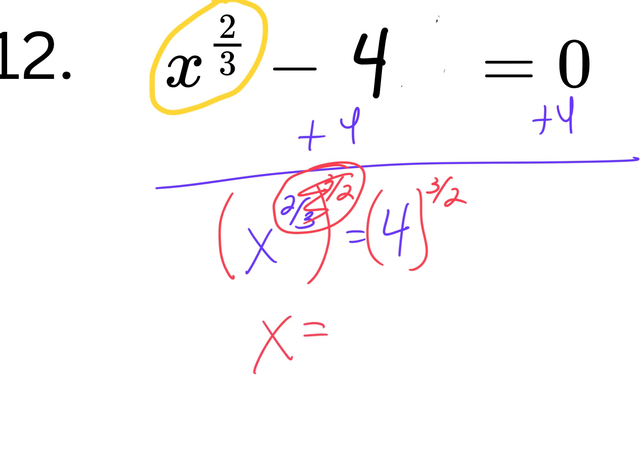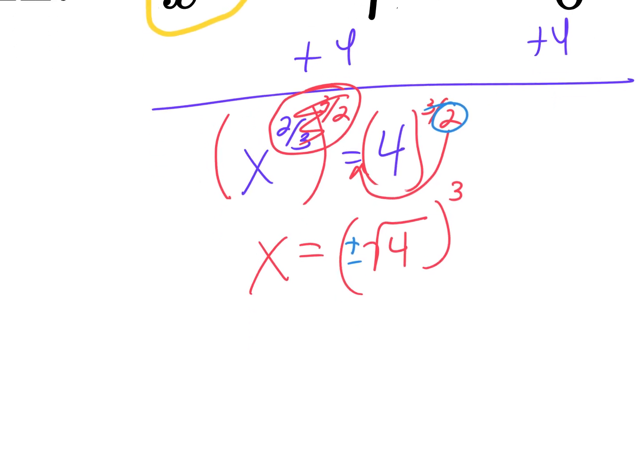Now, how am I going to write this? I'm going to write it as the square root of 4 cubed. What kind of a root am I taking, an even or an odd one? Even. So what has to go in front of this? Plus or minus.